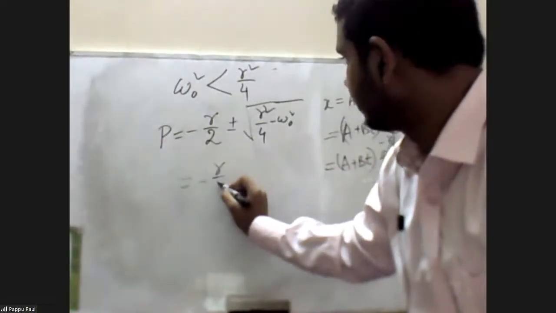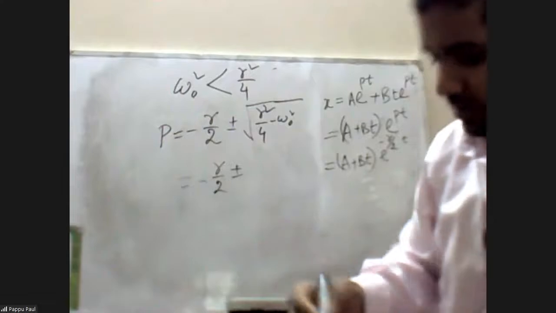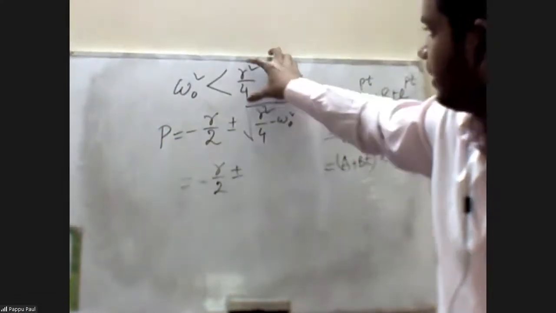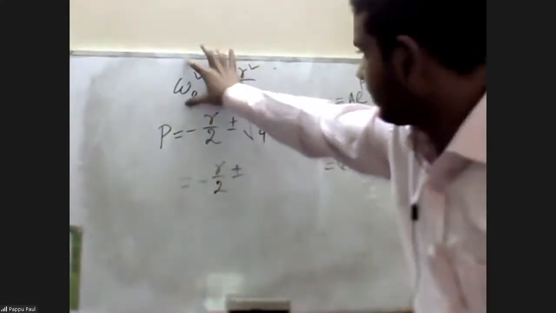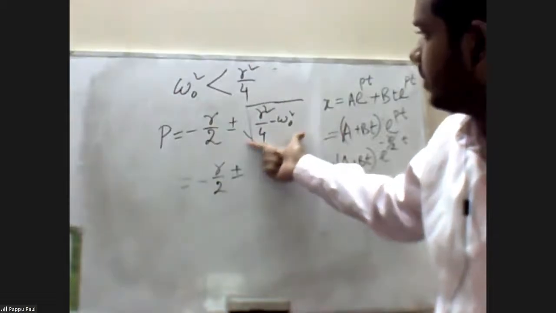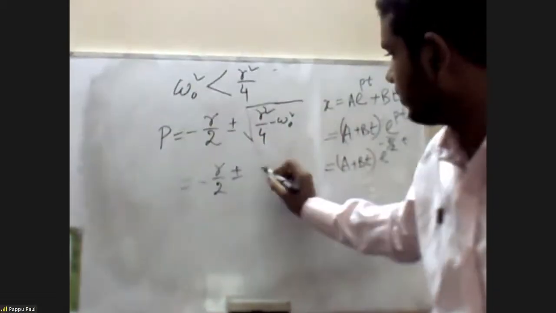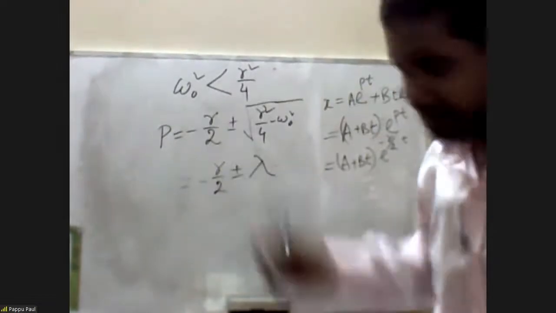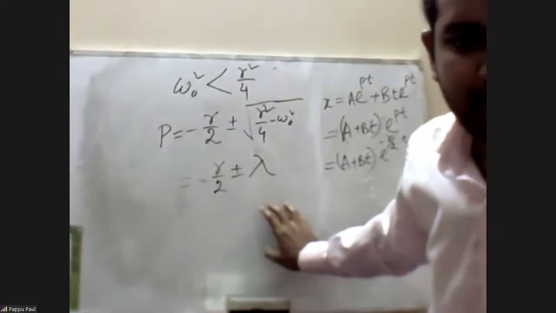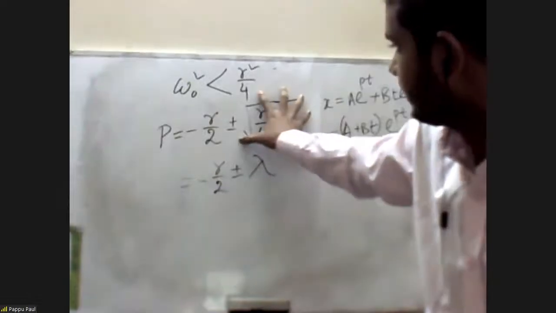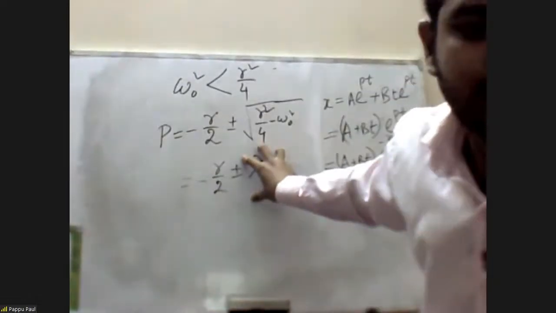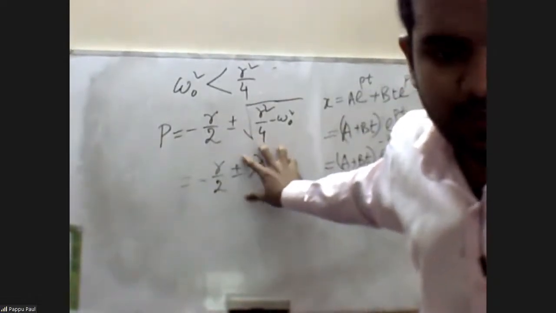Minus gamma by 2 plus minus, now here you see that this term is greater than this term, so there will be a positive value here, so we can find a positive number. Let's assume this positive number is lambda. This is a real positive number.